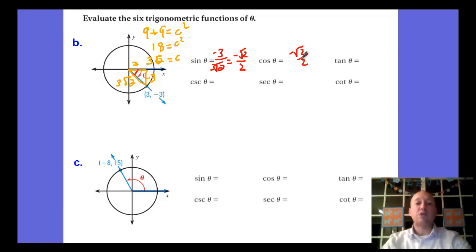I can now use some of my unit circle knowledge, knowing that these are giving the same measure. My tangent is y over x, -3 over 3, which is -1. And then cosecant, these are reciprocals. So this one's going to be just -√2. This one's going to be also -√2. And cotangent is still -1.